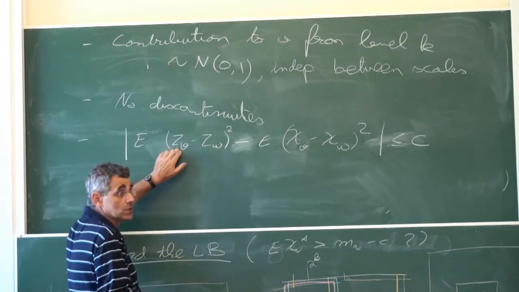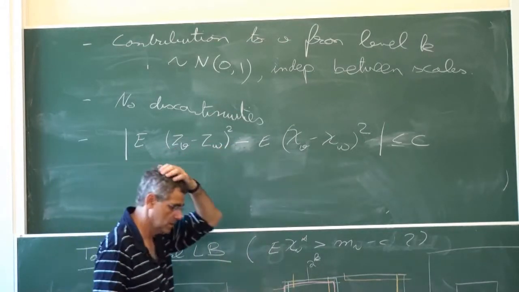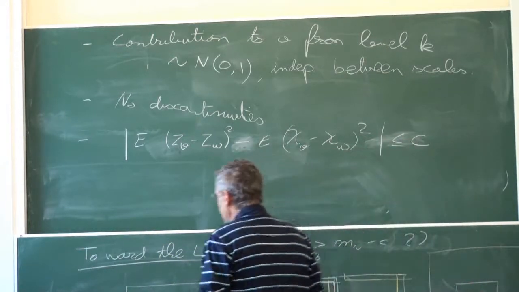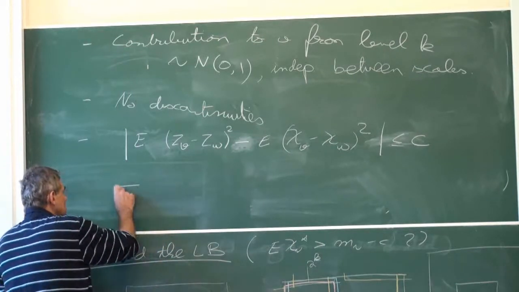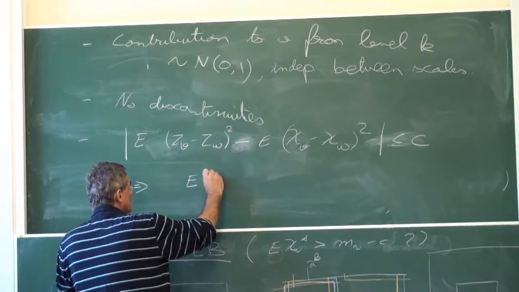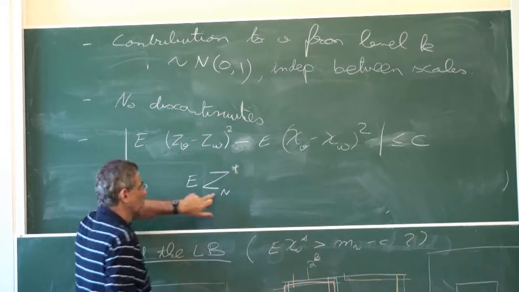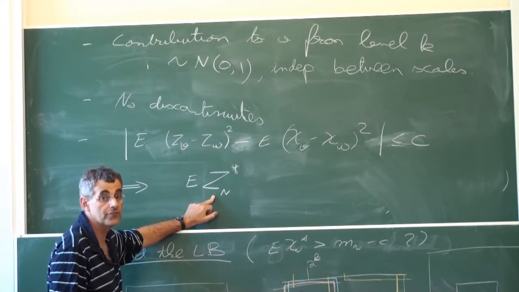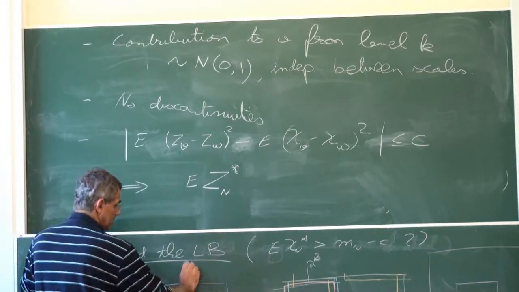So this expectation is related to the log of the distance, and we have this kind of control. So this means, and I'm cheating here a little bit, I'll tell you where, from this we will deduce eventually that the expectation of the maximum of the Z field, so I hope the notation is clear, we call that the modified branching random walk.